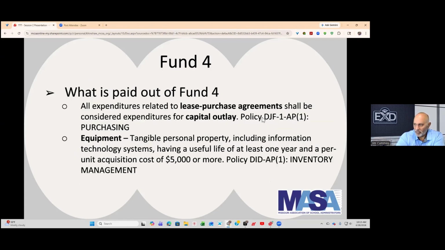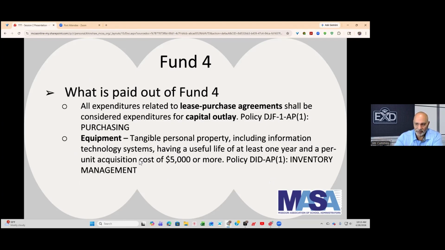So this is a policy at this district. It's an administrative procedure policy, but all expenditures related to lease purchase agreements shall be considered expenditures for capital outlay. And then it defines equipment as tangible personal property, acquisition cost of $5,000 or more, and useful life of 1 year.